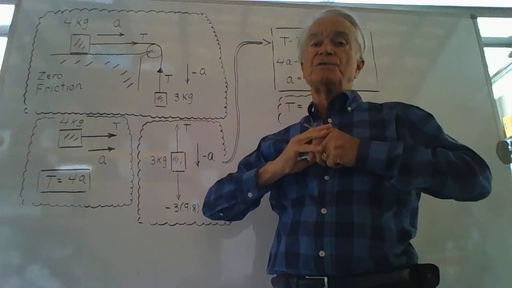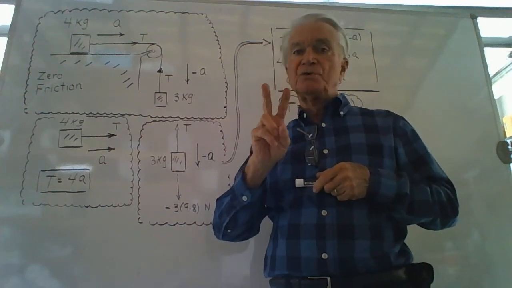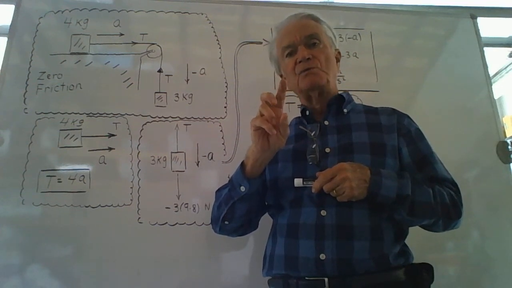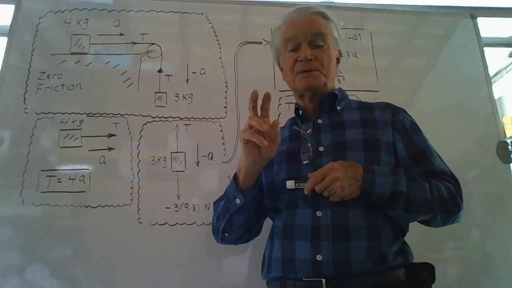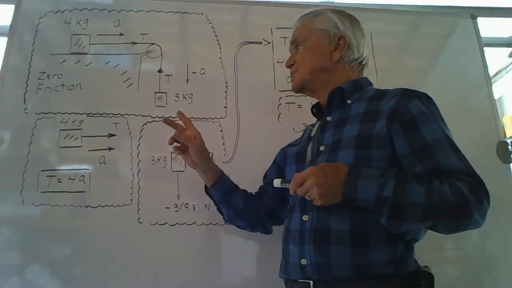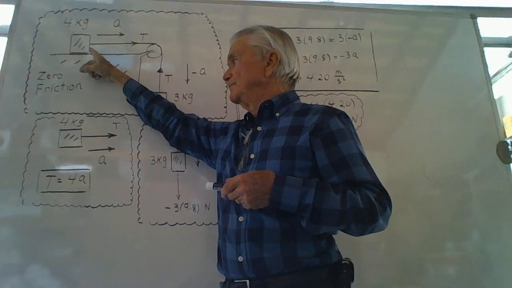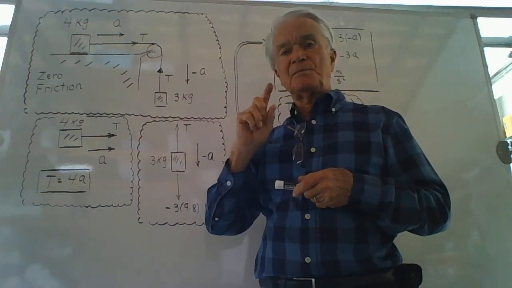In order to solve for those two unknowns, we need to make two equations. The first equation will come from an application of Newton's second law to the 4 kilogram object. I'll tell you where the second equation will come from later.